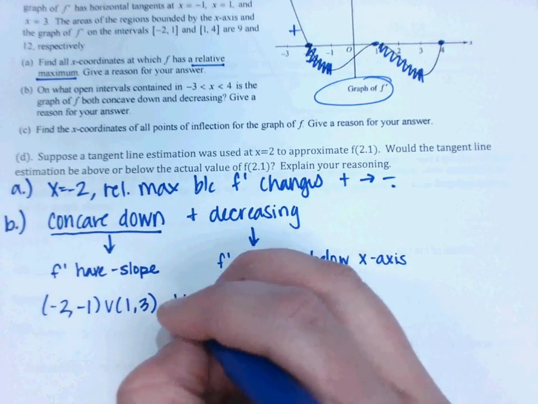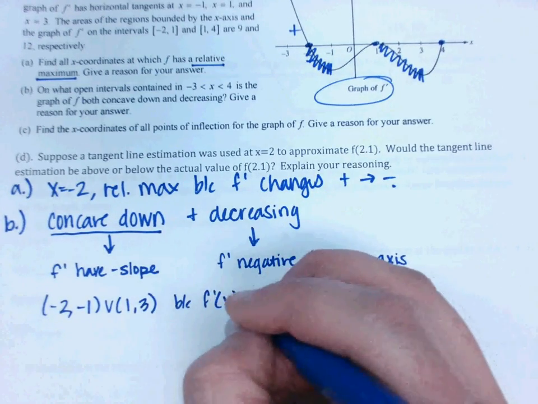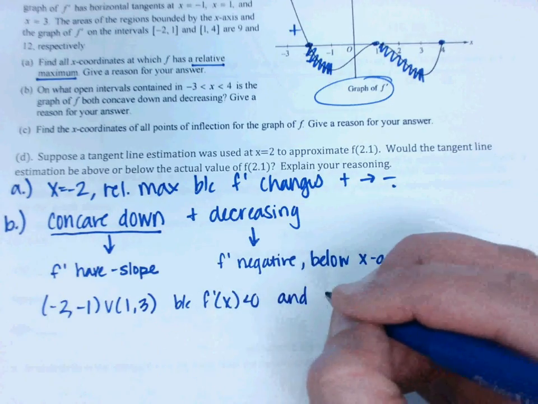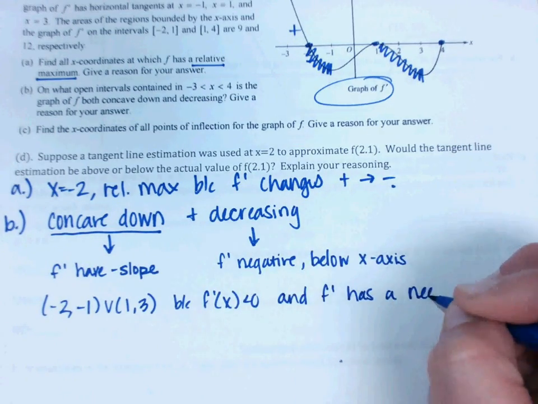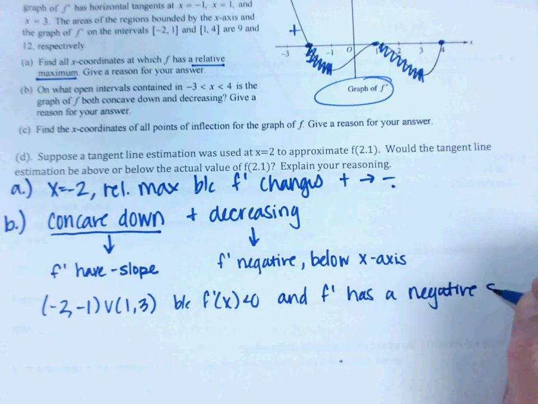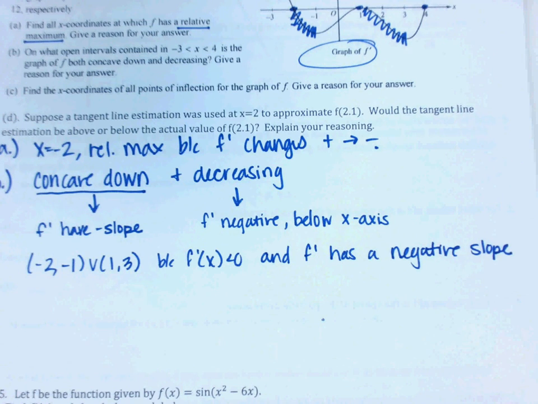Okay, because f prime of x less than 0 and f prime has a negative slope. But remember, concavity for f is f prime's slope because it's really the second derivative.